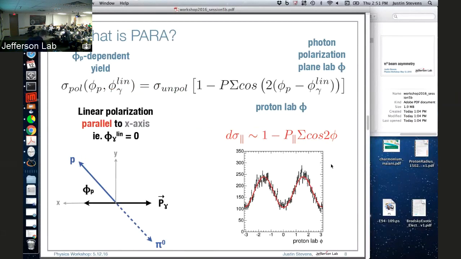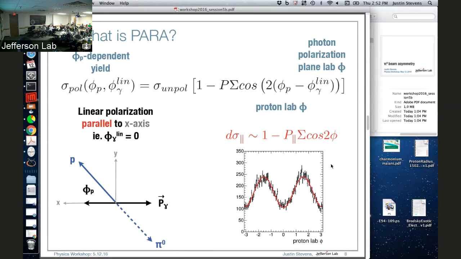So why do we actually want to measure this in these 2 different configurations, para and perp? We call parallel where the photon beam linear polarization is parallel to the x-axis or parallel to the floor in the lab. This is just a diagram of what that looks like if you're looking downstream in GlueX and you have your coordinate system here where the floor is this way.